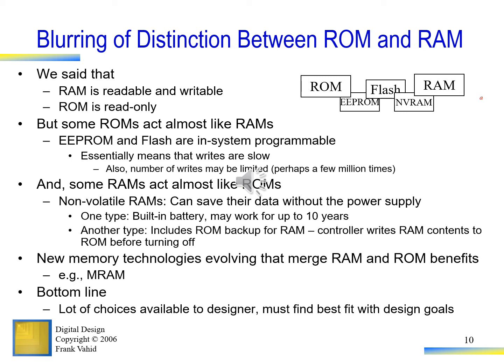And RAM can also act like ROM. For example, there are non-volatile RAMs. They can save data without the power supply also. The new memory technology evolving, merging the benefits of RAM and ROM, is called MRAM. So the bottom line is, there are a lot of choices available, and the designer must find the best fit for the design goals.